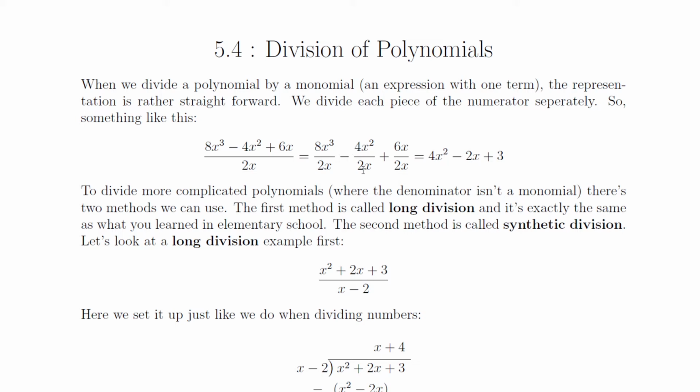Minus 4 over 2 is going to be a minus 2, and then we have 6 over 2, which is equal to a 3. Again, over here, there's a single x that comes along for the ride. So this is essentially the basis for dividing polynomials. We divide each individual piece by that particular monomial, okay?